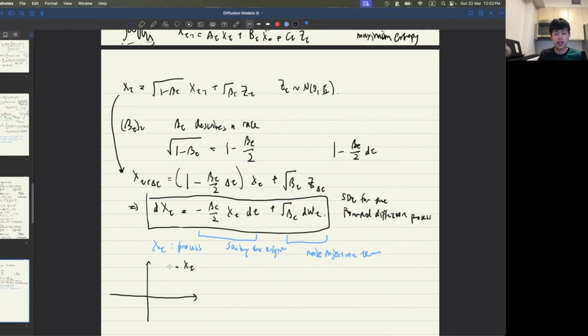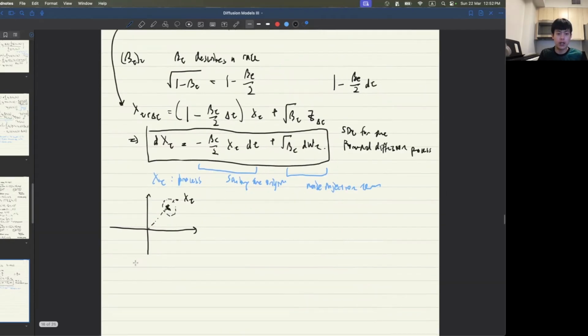The first term is really saying I'm going to drift towards the origin, right? So the origin is here. Maybe the drift will land somewhere in this point. And then the latter term is going to inject some noise to make myself look more like a Gaussian distribution. So that's kind of like diffusion. And you're going to end up somewhere around this point where you have drifted to. So that is the diagrammatic interpretation of this stochastic differential equation.